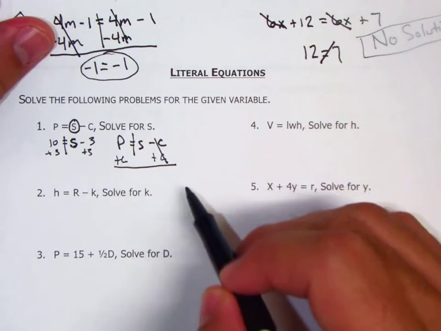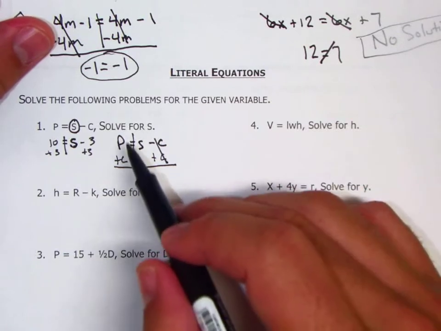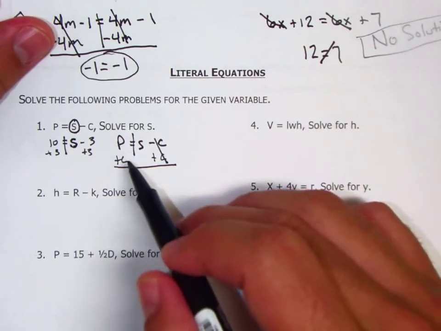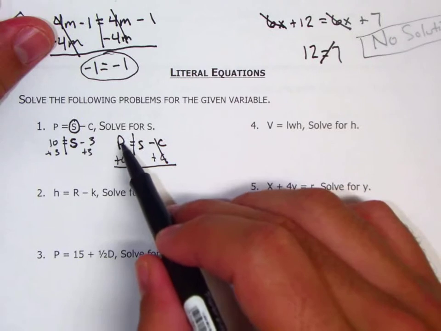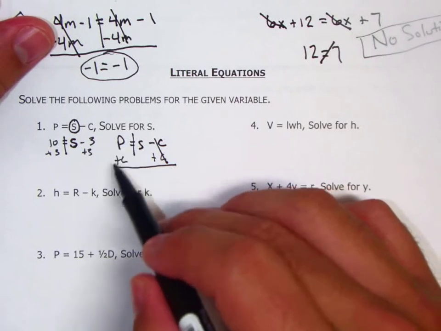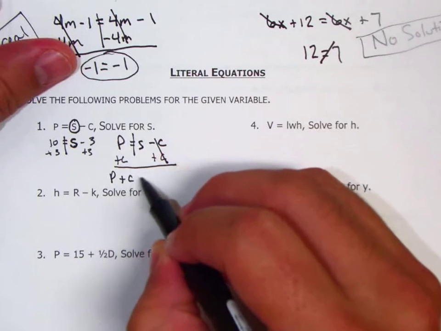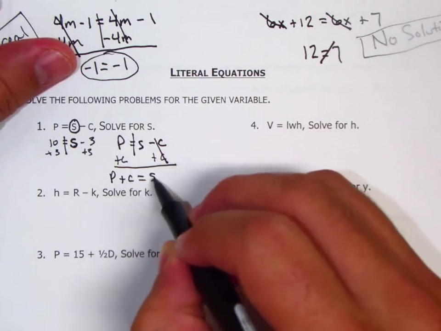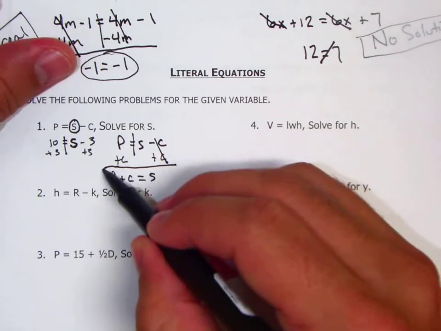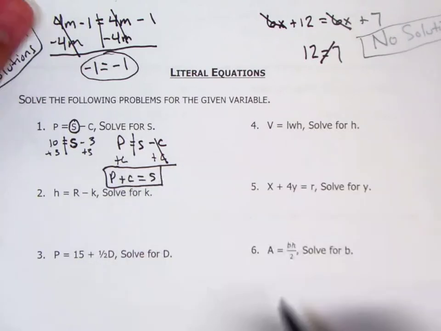So these cancel. Now, since we don't know the values of the variables, we just leave it as it is. It's P plus C. So we just write P plus C equals S. And now it's solved for S, so there is your solution.